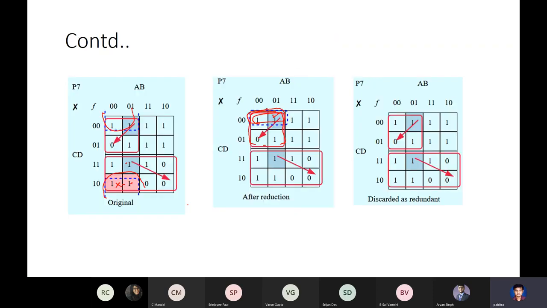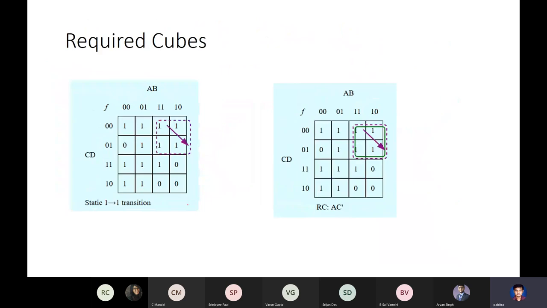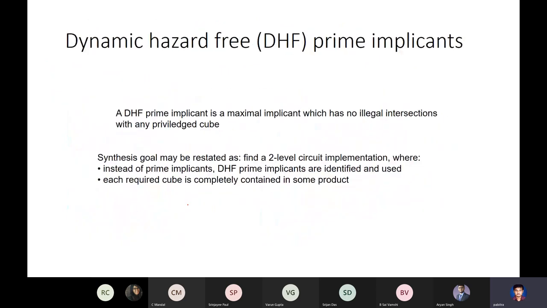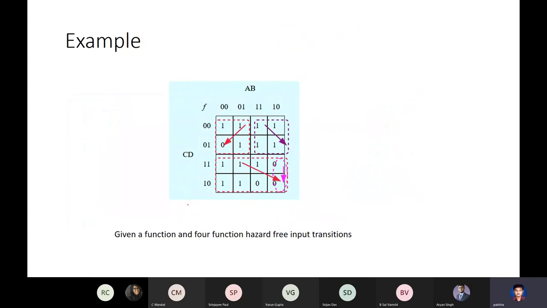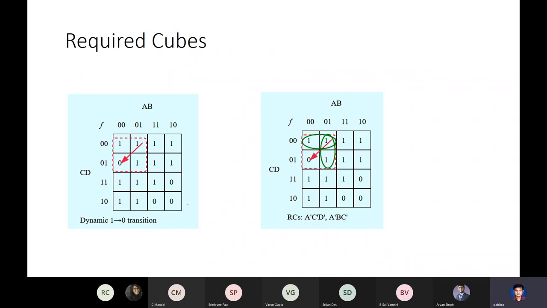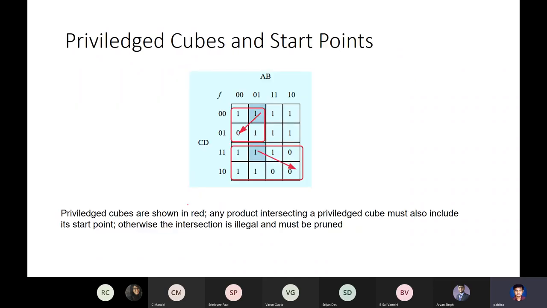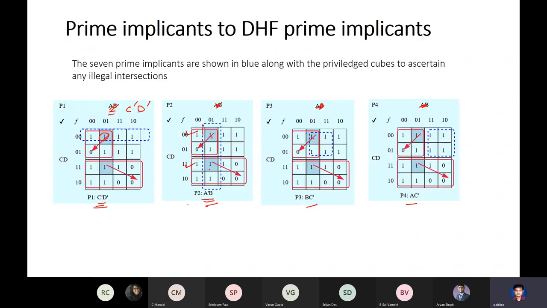Typically as a design process, this will be your starting point. You will be given a function, maybe as a Karnaugh map, maybe as an expression, and then you will be given some transitions. Then you go through all this process: identifying required cubes which you need to cover, identifying privileged cubes and their starting points, identifying DHF prime implicants by looking at illegal intersections.